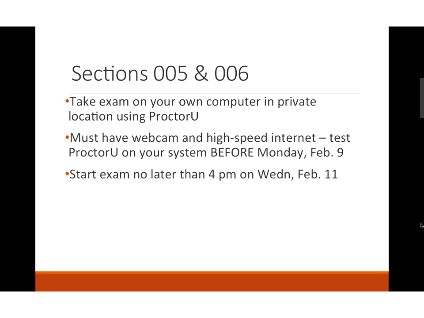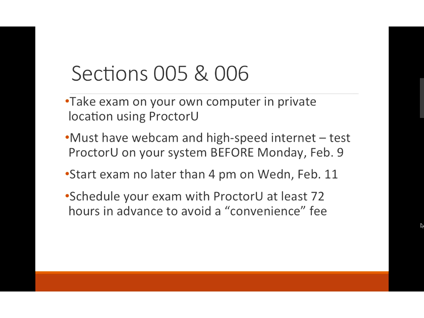So the hours for the exam are exactly the same. You have to start your exam by 4 p.m. on Wednesday. Proctor hours for the lab are on exam information on Blackboard. Schedule your exam with ProctorU at least 72 hours in advance to avoid a convenience fee.